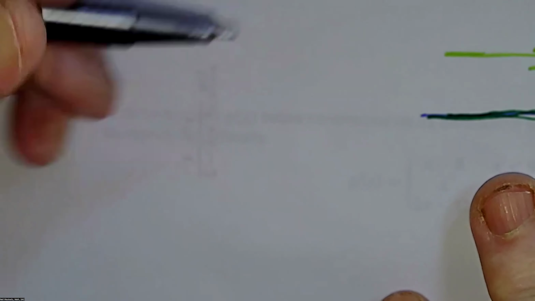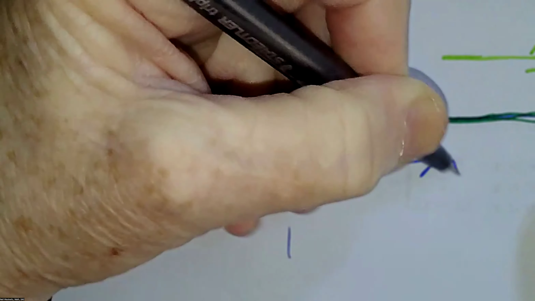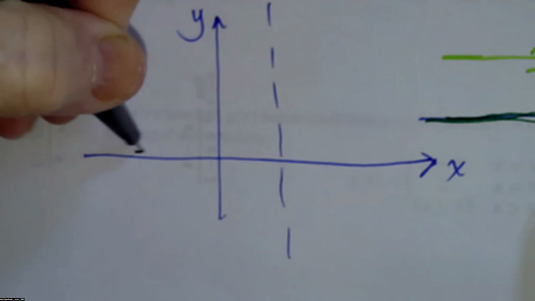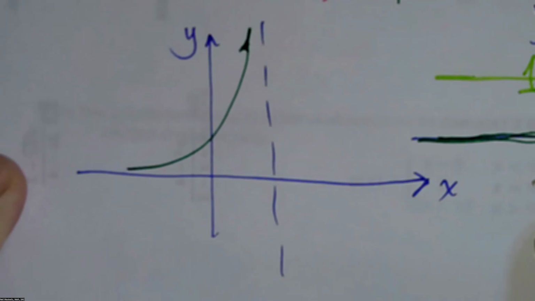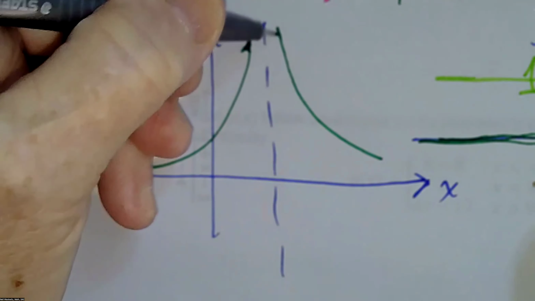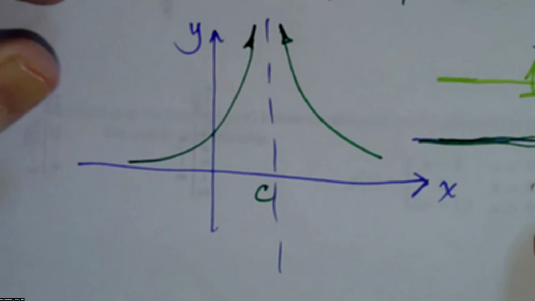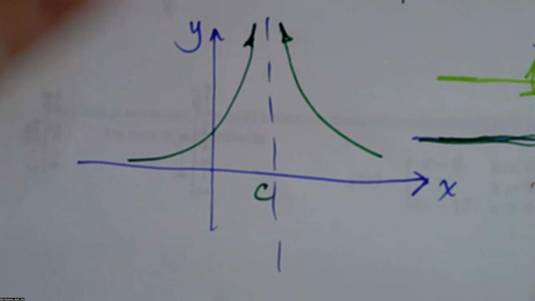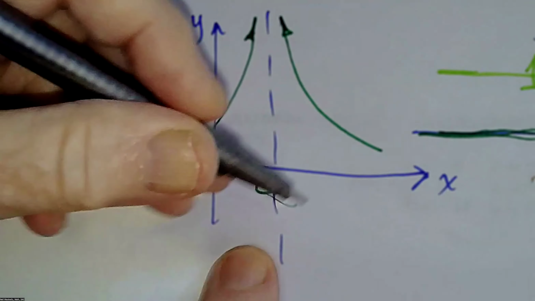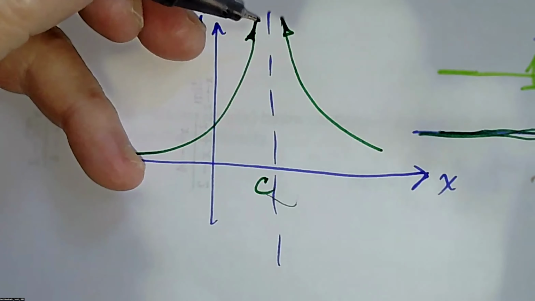Yes. And for an asymptotic discontinuity, it's just like you would imagine. It really doesn't matter whether the function goes up on both sides, if this is our value c, down on both sides, up on one side and down on the other. The key is that at least one of the directions is an asymptote.